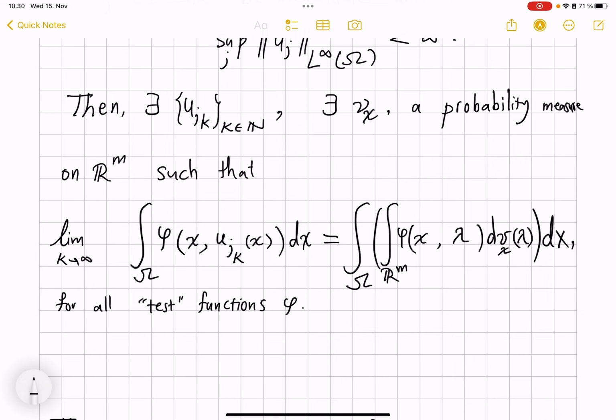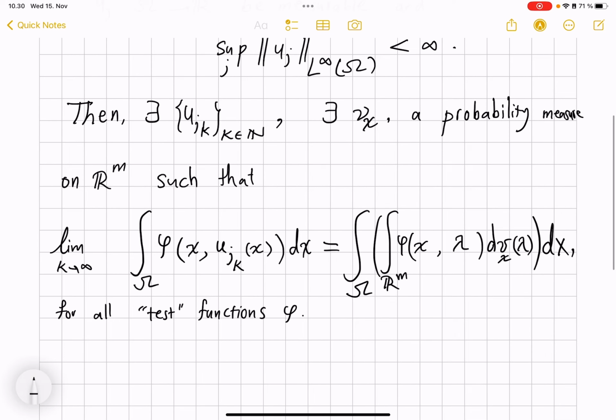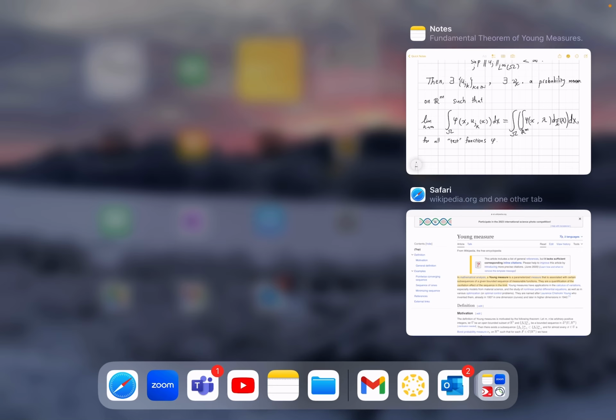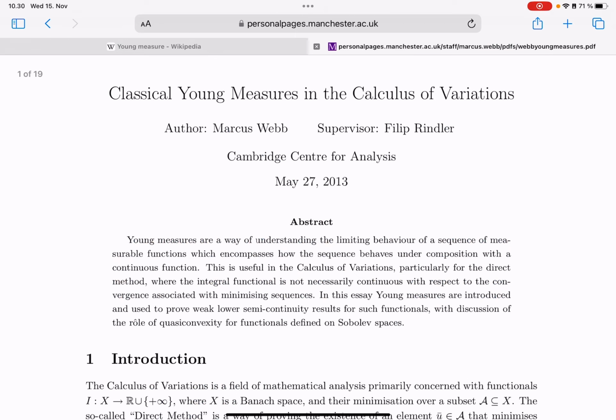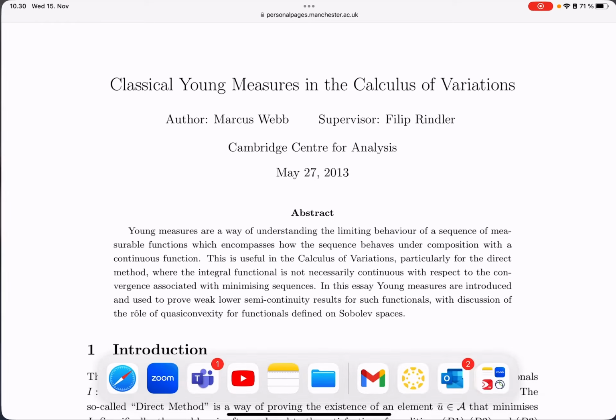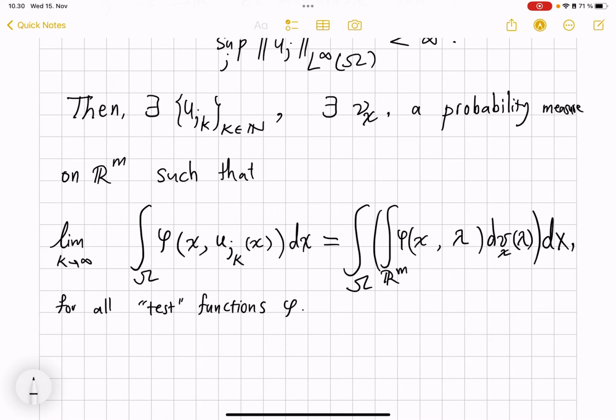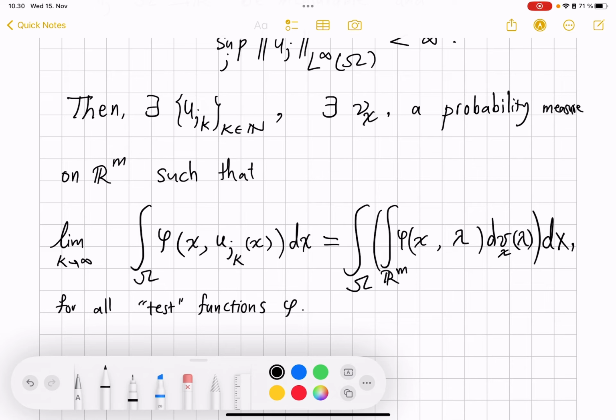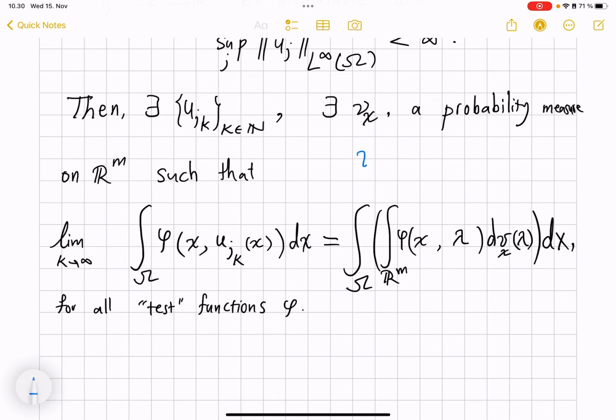I had been trying to understand Young measures for some time without much success, but I found these notes finally from Marcus Webb and Philip Rindler. These are 19-page notes, very carefully and beautifully written. The reason I'm saying they are carefully written is, for example, they have made precise this idea that this association of measures, for every x, we associate an element from the set of all probability measures on Rm.